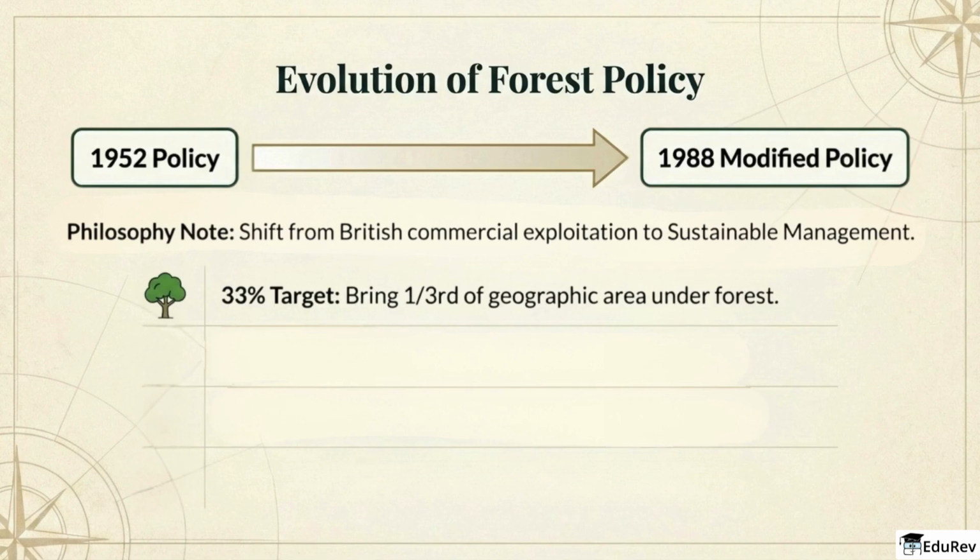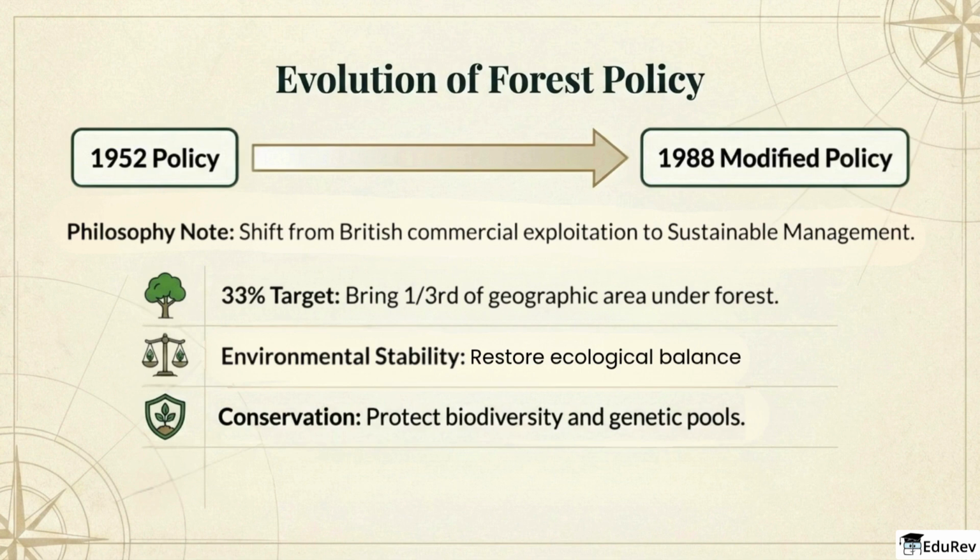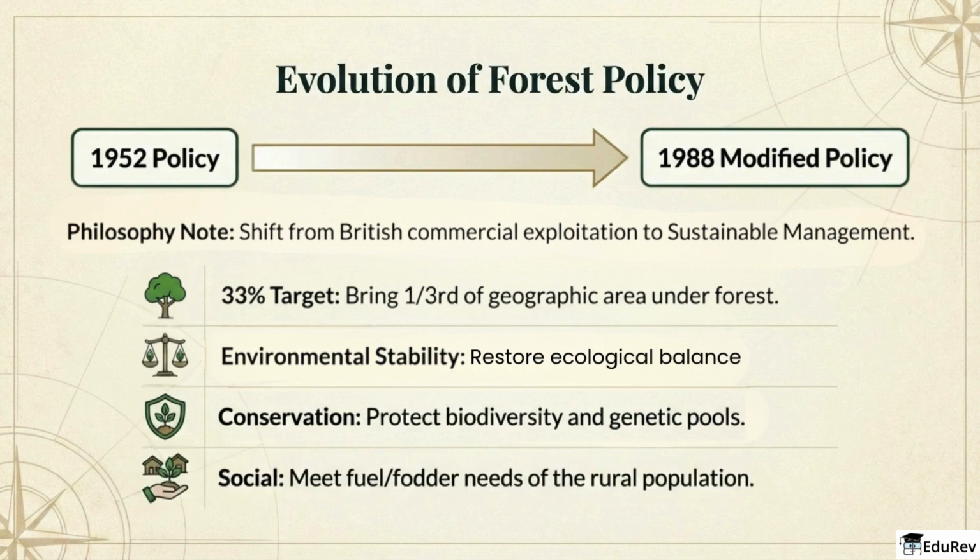And the purpose had three layers. First, environmental stability, restore ecological balance. Second, conservation, protect biodiversity and genetic pools. Third, social needs, meet the fuel and fodder needs of the rural population. This is where policy becomes much more than plantation. It becomes ecology plus livelihoods.